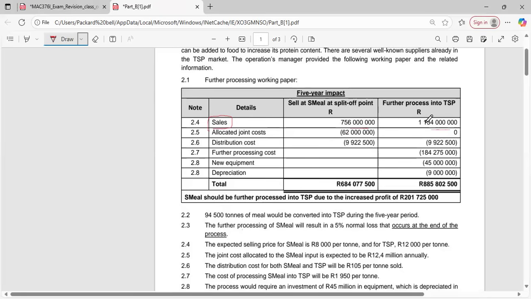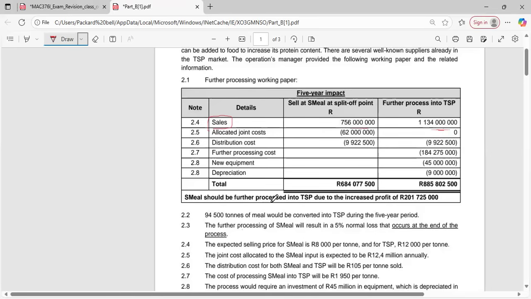Based on your understanding of how sales of TSP after further processing are calculated, then you calculate. If you get this, then you say it's correct. If it is not, then you say it's incorrect. Then you give the correct calculation. If the answer is correct, you just point out that it's correct. But if it is wrong, you now give the correct calculation. I think that's how we answer this kind of a question.